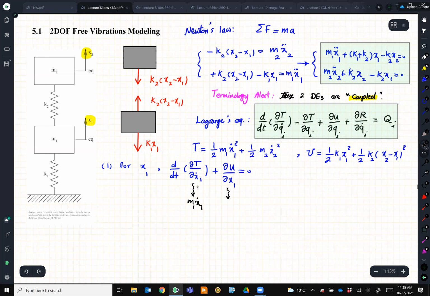The derivative of U with respect to x1 gives me K1 x1 plus K2 (x2 minus x1). And then the derivative of the inside bracket gives me a negative, so it's going to be minus that.